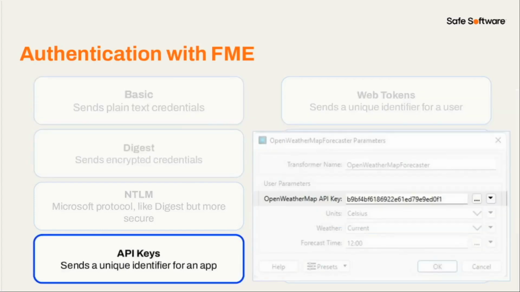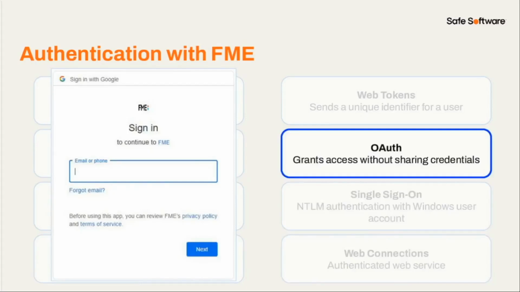We also have unique identifier keys like API keys, where we go into the API itself and generate this key that is used to authenticate and give us access to the appropriate resources. We've also got OAuth, which is a secure method to obtain and identify yourself using a token.